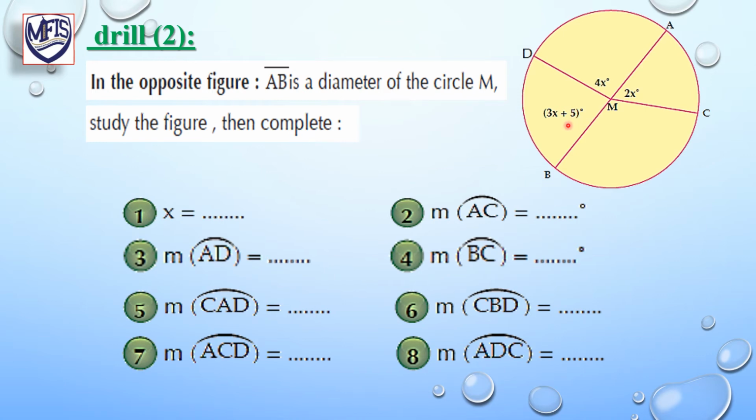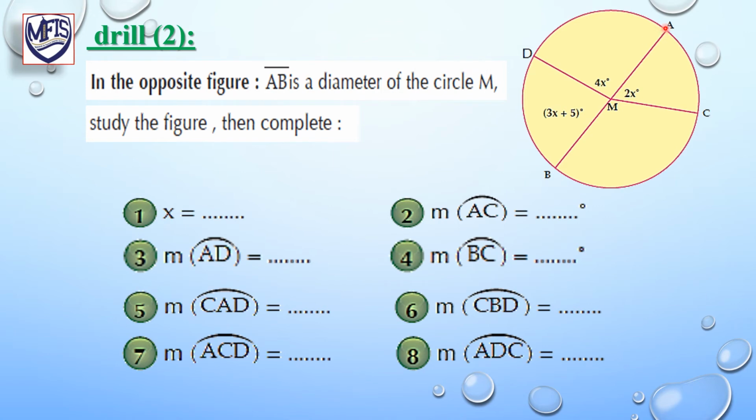Now, how to find the value of x? Look at the diameter AB. The diameter here divides the circle into two equal halves. So the measure of arc AGB equals 360 divided by 2 equals 180.